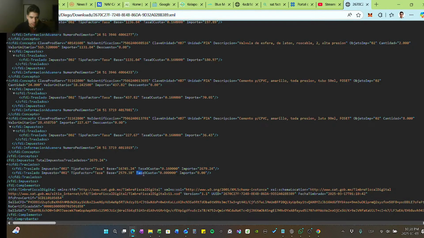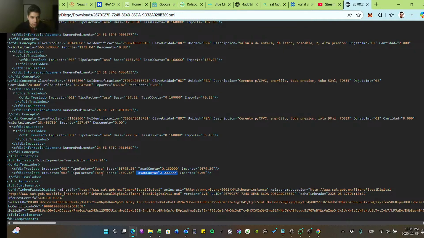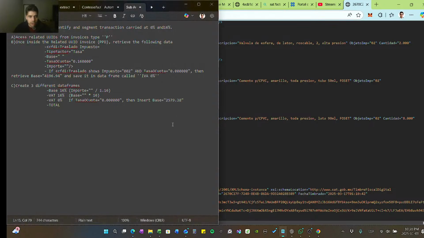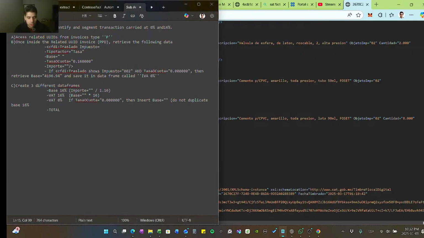If, then insert, and this is where ChatGPT will help me because of course the right wording can vary. Okay, and then the total.